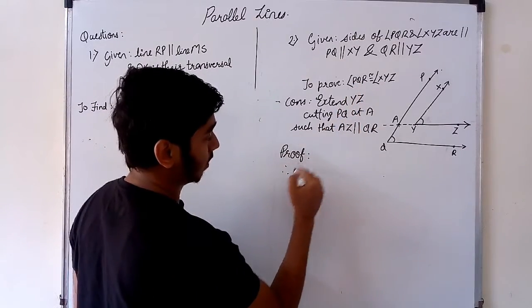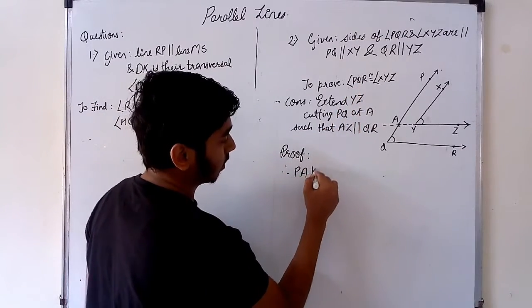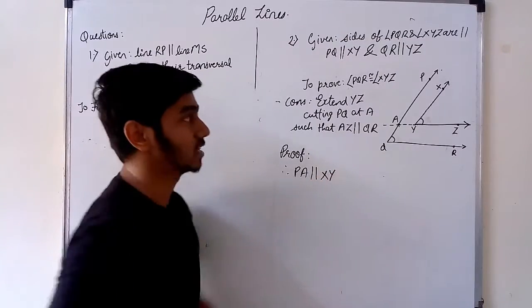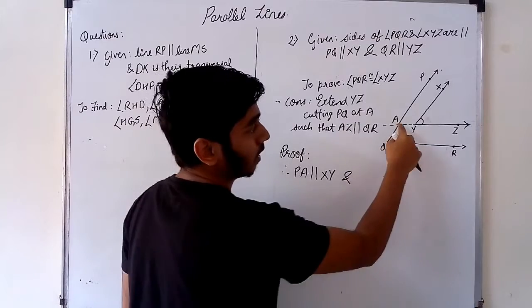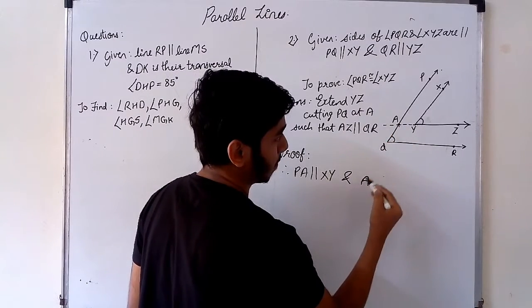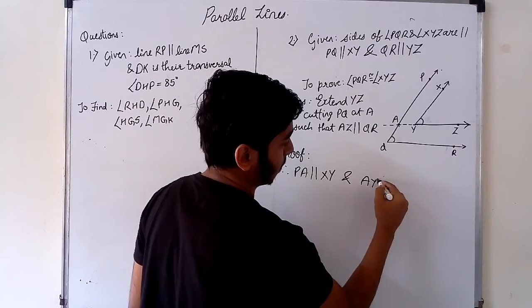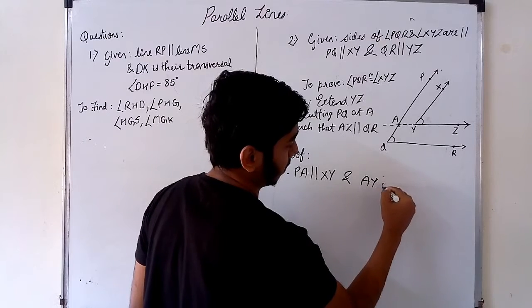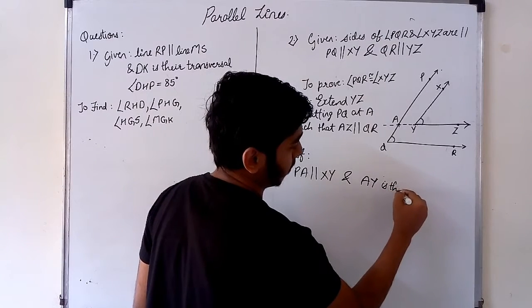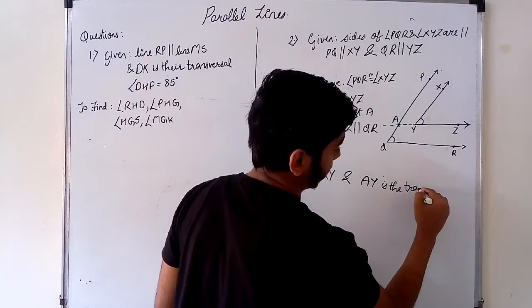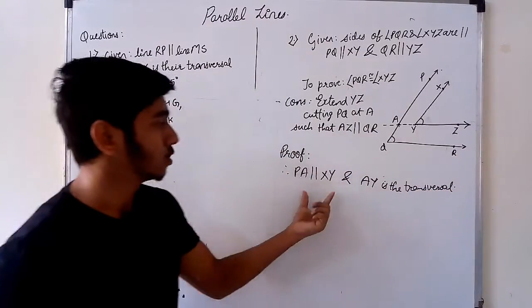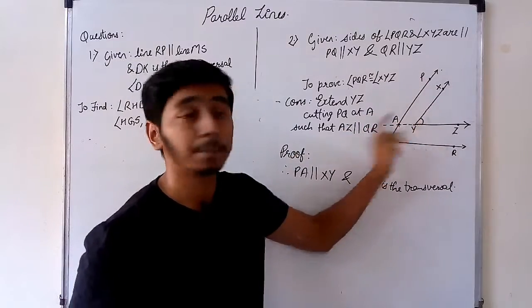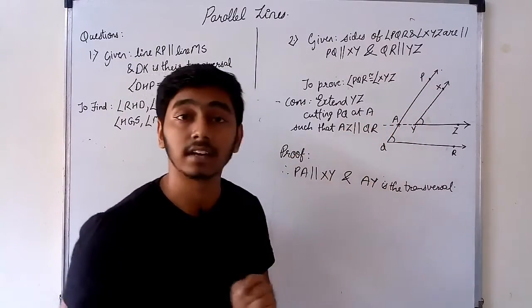Therefore, we'll say PA parallel to XY. Correct? And AY. So we say PA and XY are parallel and AY is the transversal.